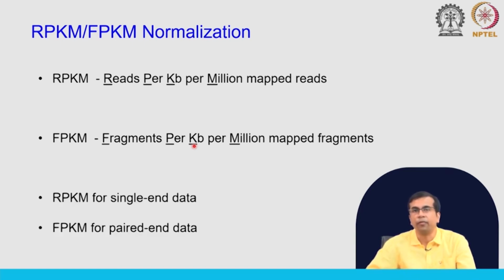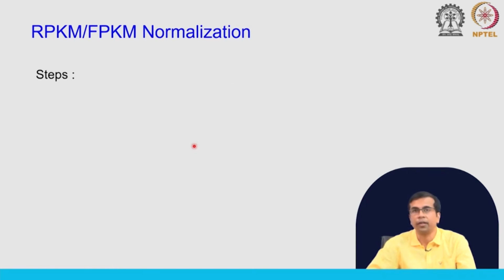Okay. So, if you are dealing with single end data, you can use RPKM, but if you are using paired end data, you would have to use the FPKM measure. Okay. So, the terminologies are different, but the normalization procedure is exactly the same for both of them. Okay. So, let us now look into the normalizations. Here are the steps of this method.